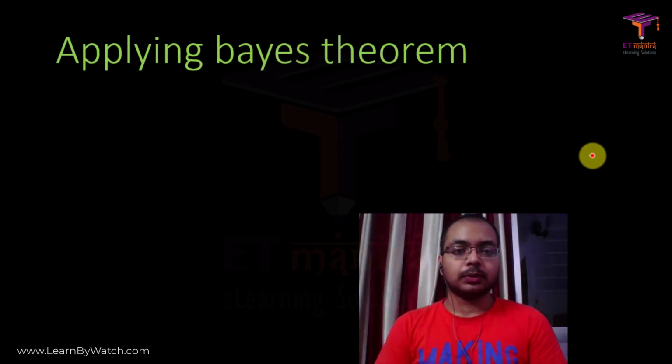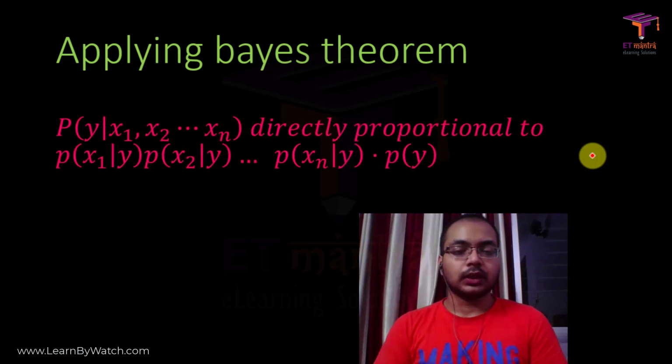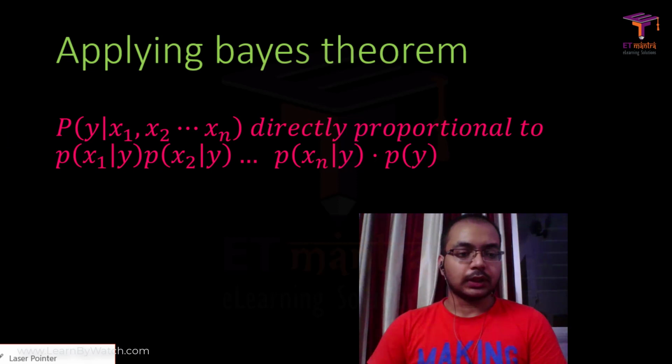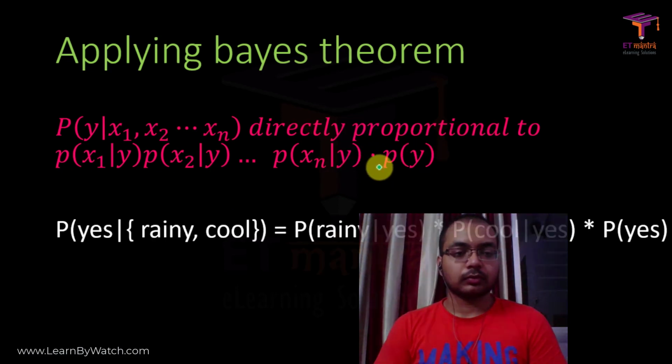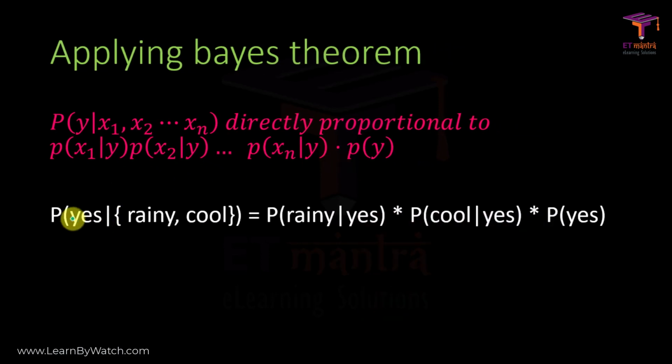Now let us apply the Bayes theorem formula. You should remember from the previous slide that this probability is directly proportional to the product of all of these into probability of y. What we wanted to find out is the probability that it is yes given that it was rainy and cool.